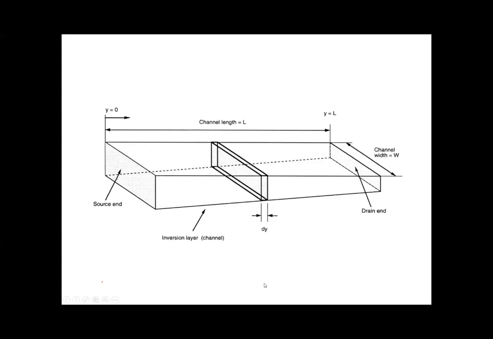So this is the channel. This is the source end, and this is the drain end. This approach is called GCA, the gradual channel approximation.